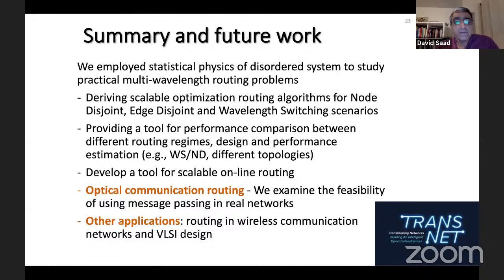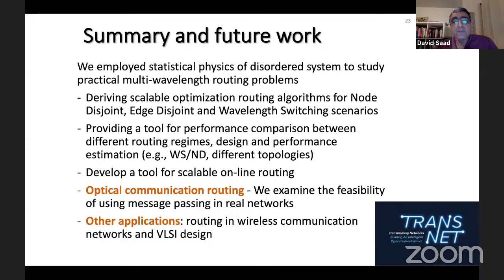I hope that I've demonstrated that. What is very interesting is that we provide a relatively principled tool for comparing between different routing regimes, between different topologies, and so on, like, for instance, the debate about wavelength switching and node disjoint optimization.